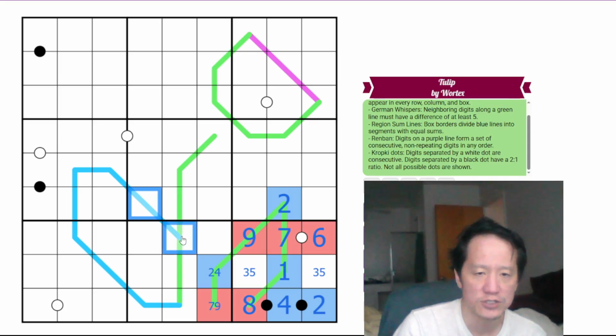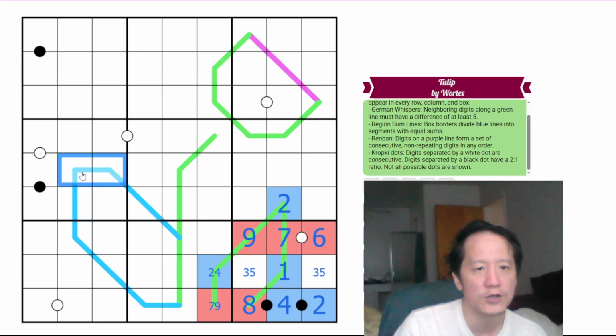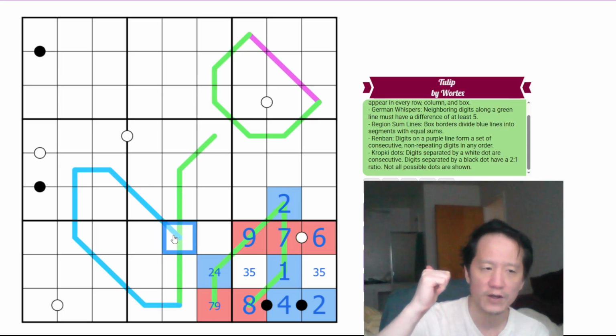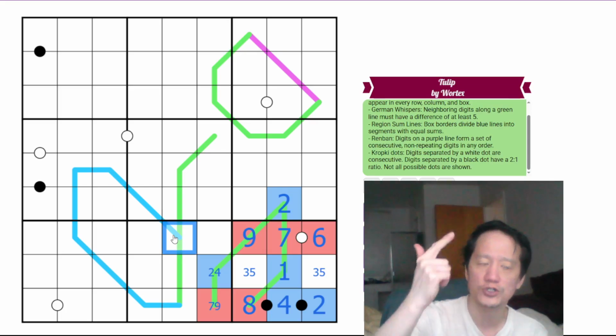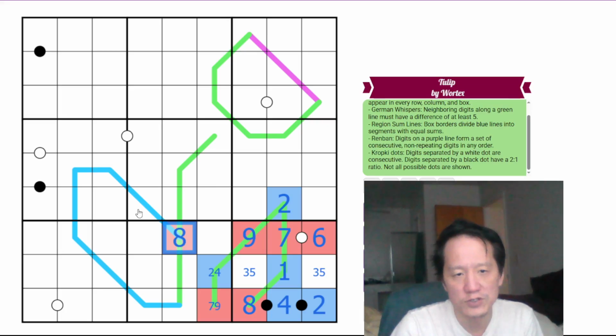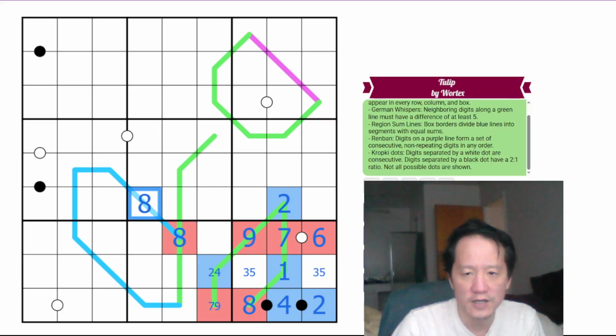So these two digits are the same, and they must be the sum of 3 unique digits, which means if you have 3 unique digits, the minimum of that sum is 1, 2, and 3, which adds up to 6. So this must be a high no matter what. It cannot be 6, 7, or 9. It has to be 8. So this is 8. This is then the 8, similarly.